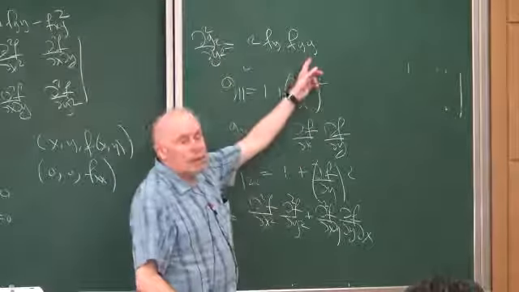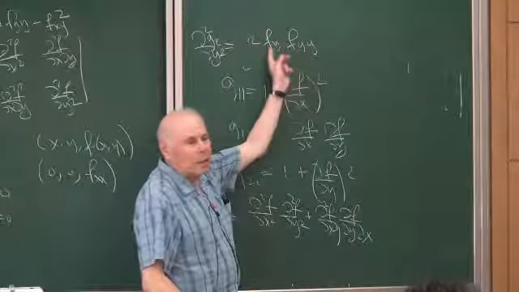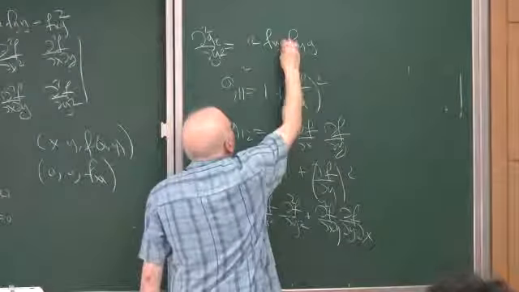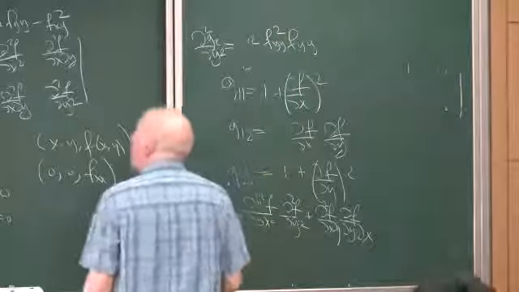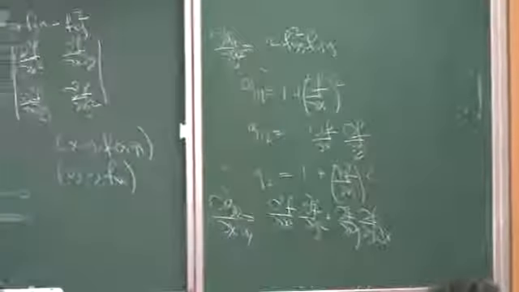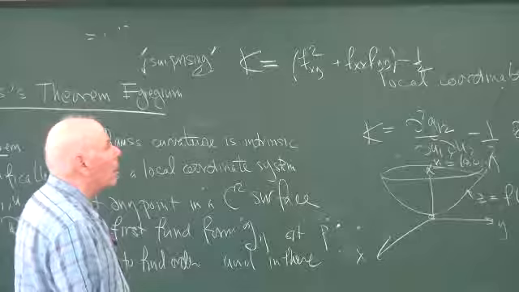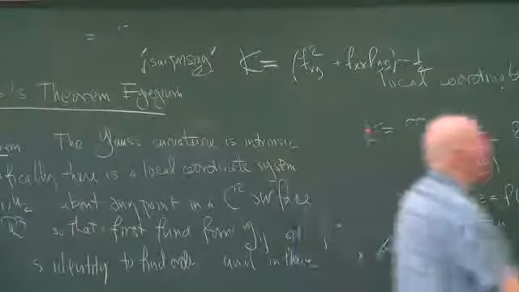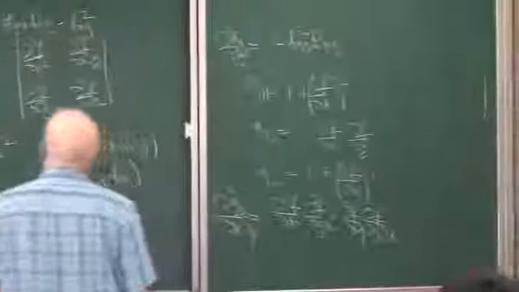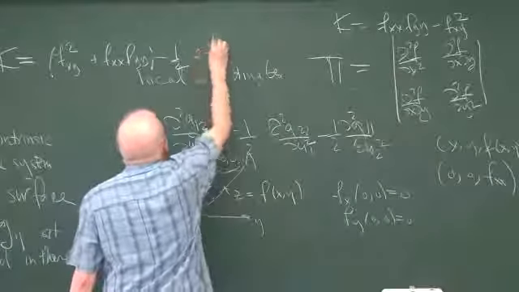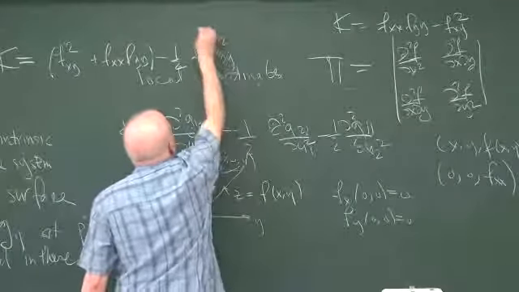Of course, when I get 3 derivatives, this is multiplying 0, so all that survives is this guy, f sub y squared. So I get 1/2 f sub y, 2 times f sub y squared.